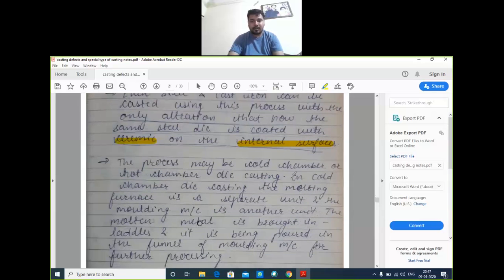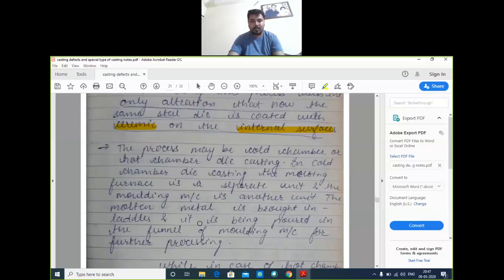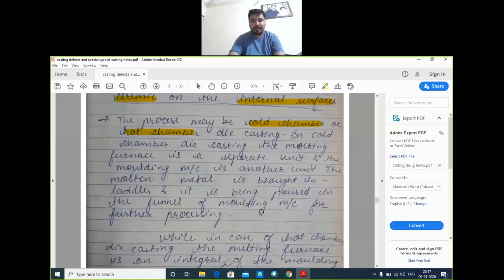There are two types of processes for permanent die casting: one is the cold chamber, and the other is the hot chamber. In cold chamber die casting, the melting furnace is a separate unit.